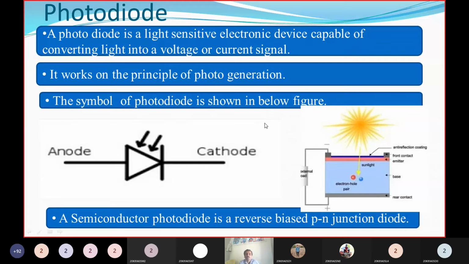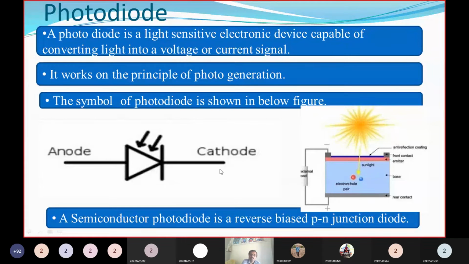Next, the symbol of the photodiode is shown like this. In the case of an LED, the arrows are outside, which means light is being emitted. In the case of a photodiode, it is the normal diode symbol, but the arrows point into the diode, which means it absorbs the incident light.